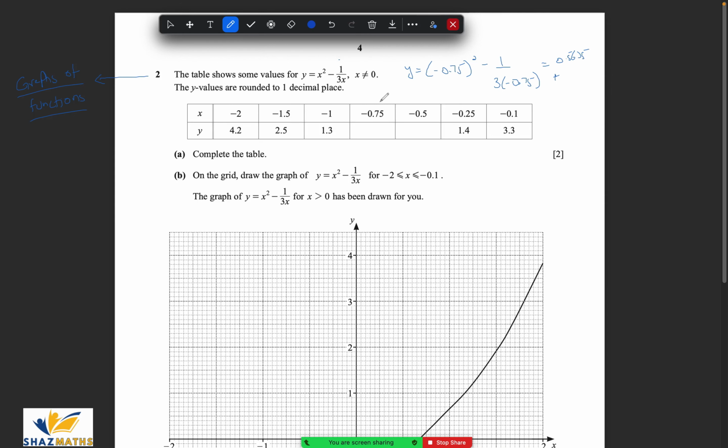It's going to be 1.0069, and we have to round it off correct to one decimal place, so it would be 1.0.